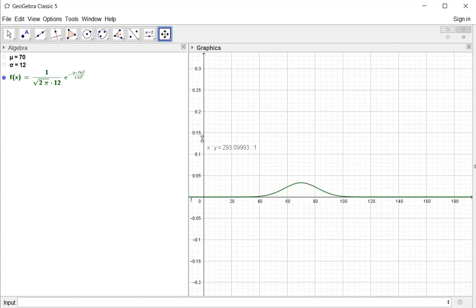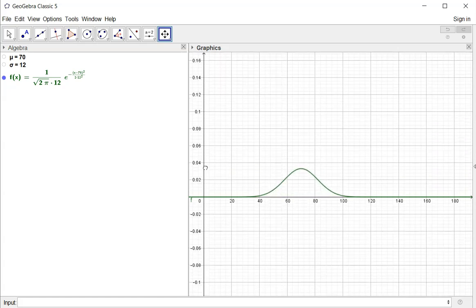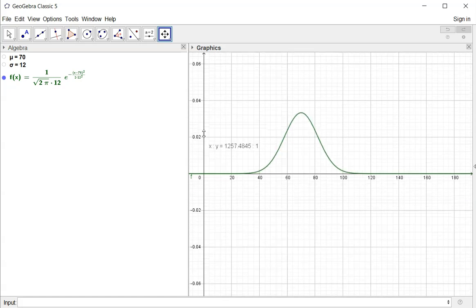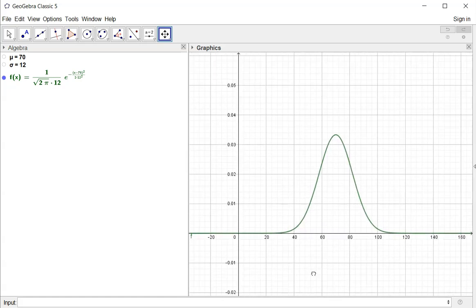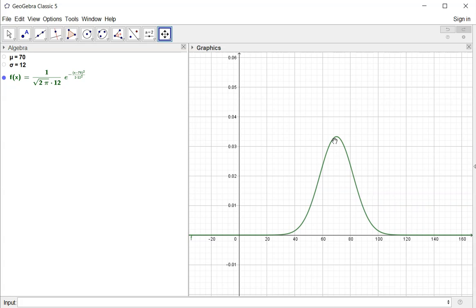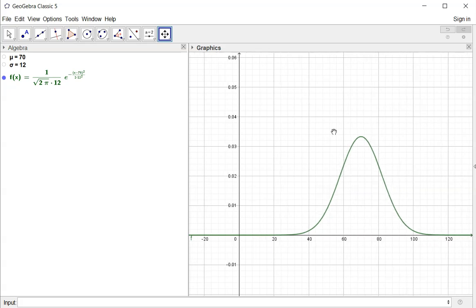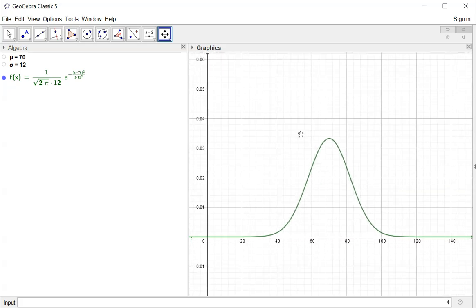So this is the bell curve that we're looking at. You can see that the mean is 70 and the standard deviation is 12.